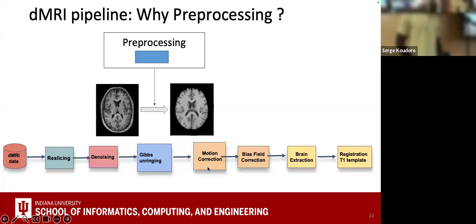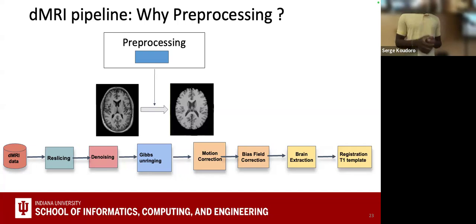Motion correction, this is mandatory. No one stays very stable in a scanner, so you always have motion. Bias field correction depends on your data. I would say most of the time it is mandatory, but it happens that sometimes you don't really need it, if you have very, very high resolution data.